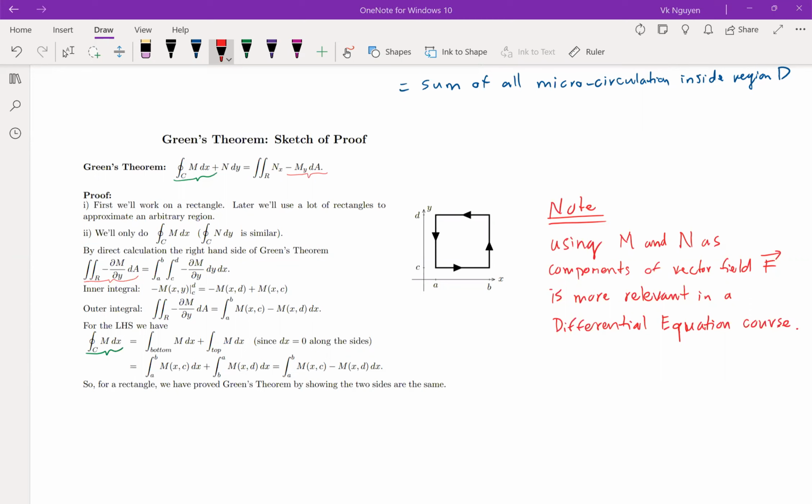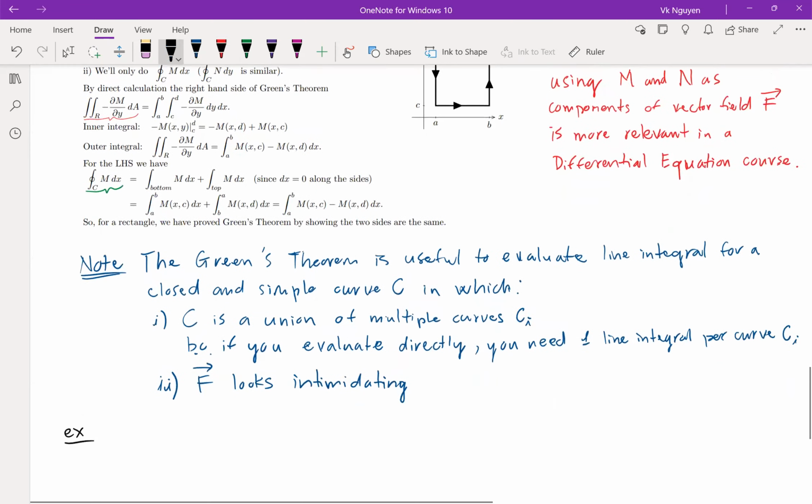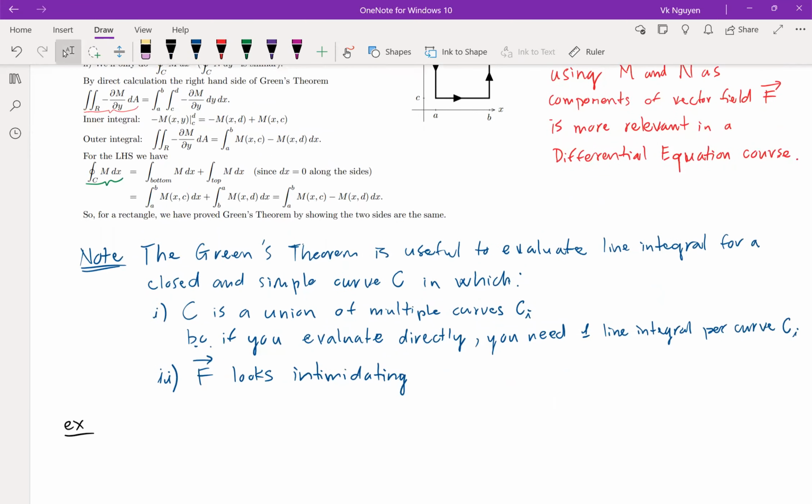So this is one part of the proof. You can actually verify this only for something very simple, then you can verify the Green theorem. It's not that bad though.